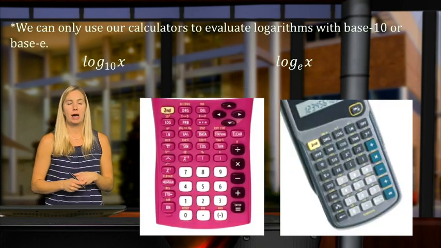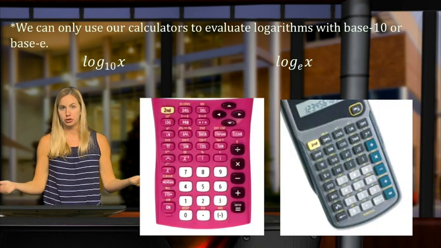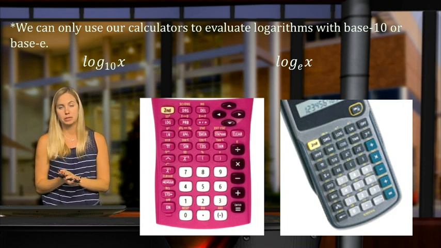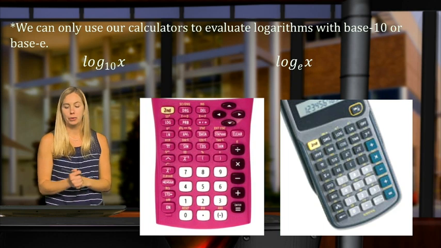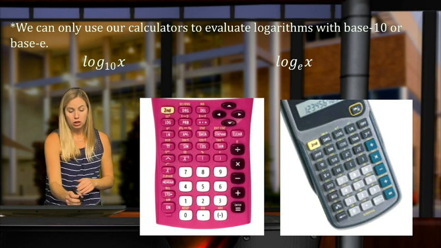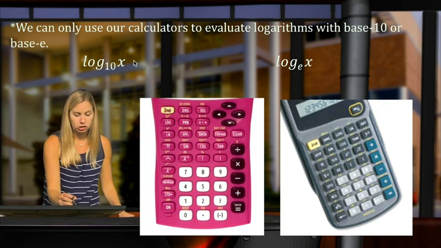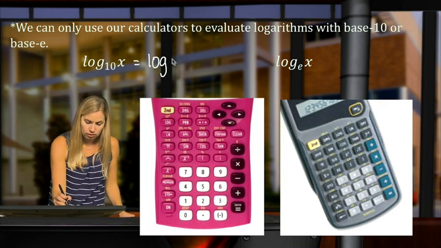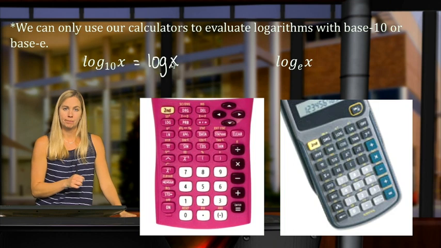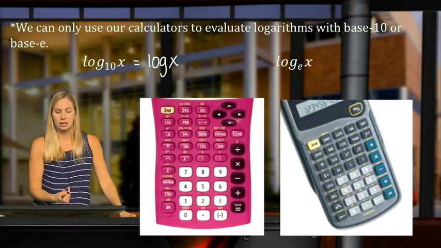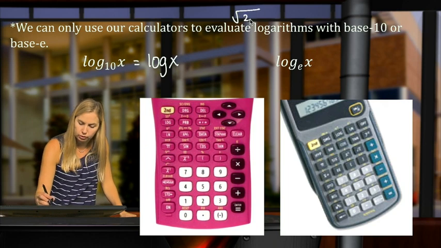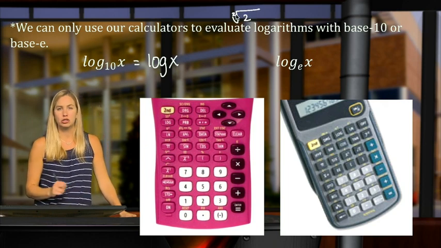So we've been talking about how our calculators are just not worthwhile when it comes to logarithms. And that's not really true. Our calculators can evaluate logarithms that have a base of 10 or a base of e. Log base 10 of x, we actually just write log of x. Similar to when we're talking about a square root, you know how we don't use an index. If I've got the square root of 2, I don't put that little 2 as the index.